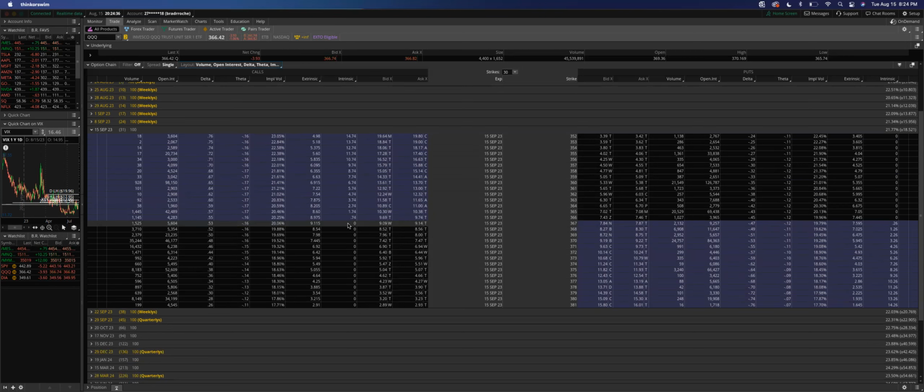Let me know in the chat if that doesn't make sense. All of this is extrinsic value. It'll be worth nothing, and you can call it time value. This value is how much the contract is worth based on the amount of time until the expiration, because it will be worth nothing by the time the expiration comes.